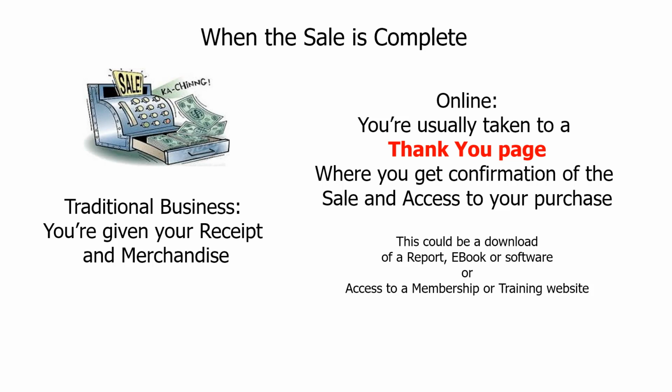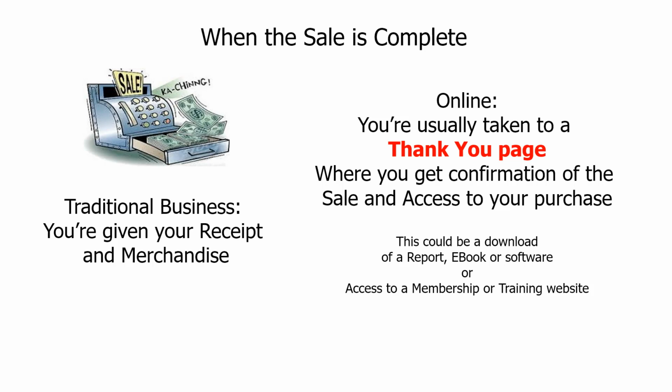Now, this could be a download, a free report, an ebook, software you may have purchased. It could be access to a membership site or a training website. Whatever the product or service that you're purchasing, you're going to get confirmation and instructions on how to get that product.